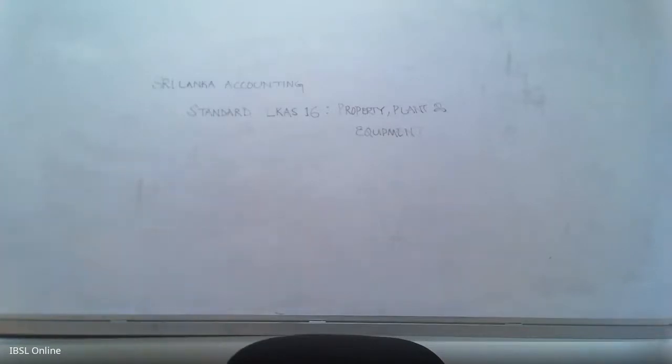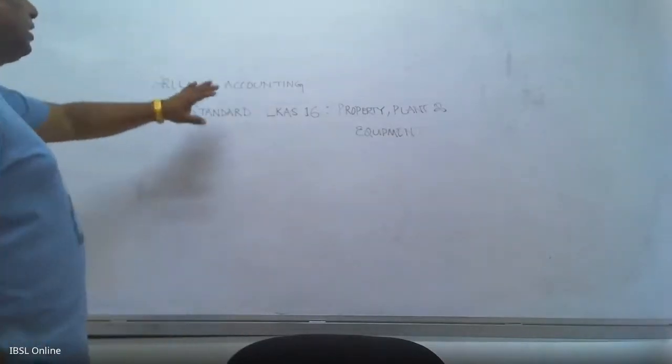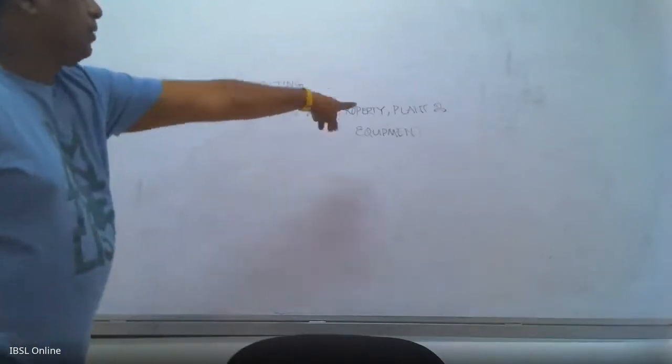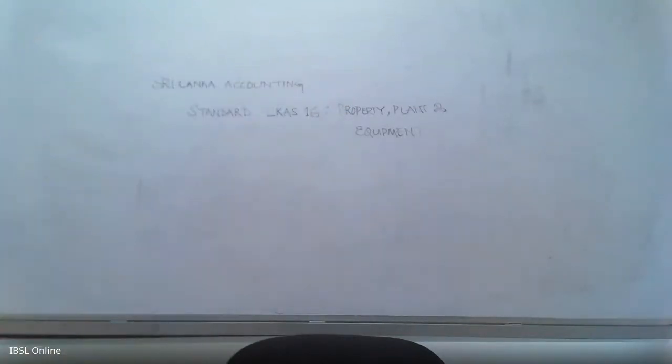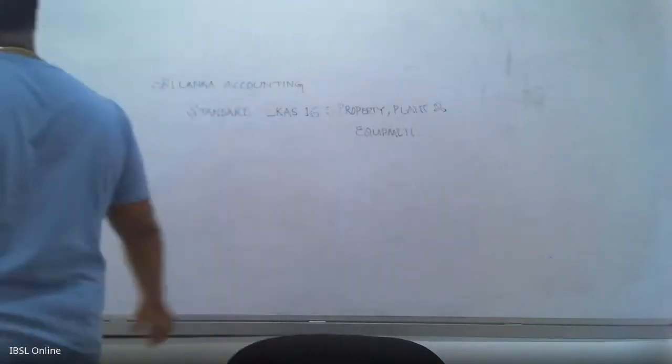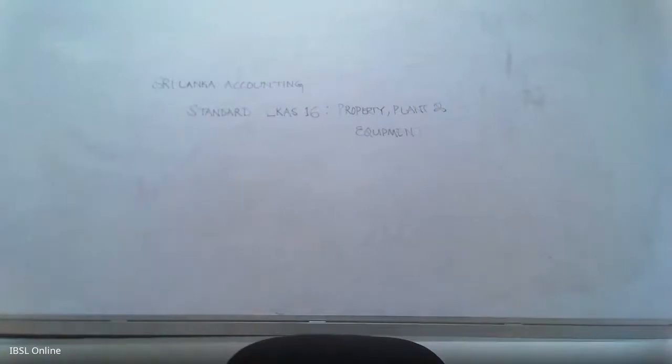You have to write it complete: Sri Lanka Accounting Standard LKAS 16: Property, Plant, and Equipment. This is the name of the accounting standard, and this is how you have to write it. So please take down how you write the accounting standard.